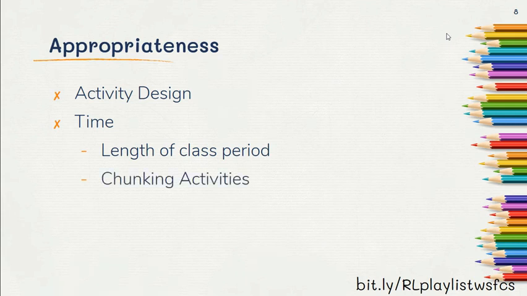Also keeping in mind the fact that we want students to have opportunities to not only process content, but to get up and move. There's a ton of brain research that supports movement in the classroom, and we know students do not need to be sitting for long periods of time in front of a screen. So thinking about how we design playlists to chunk the activities that we've embedded throughout.